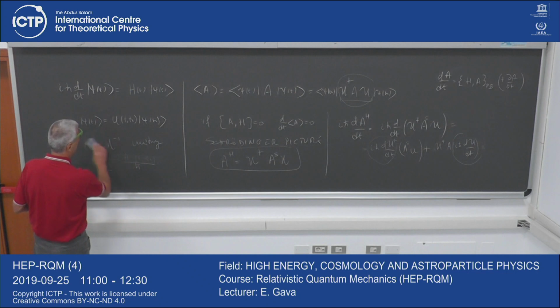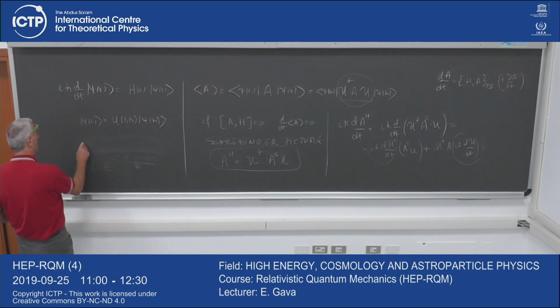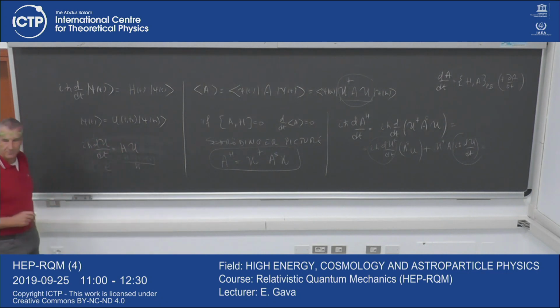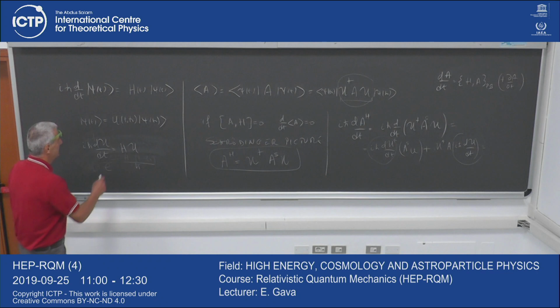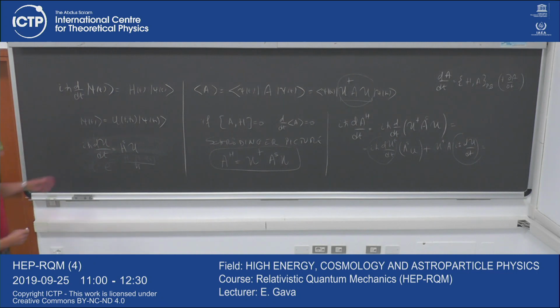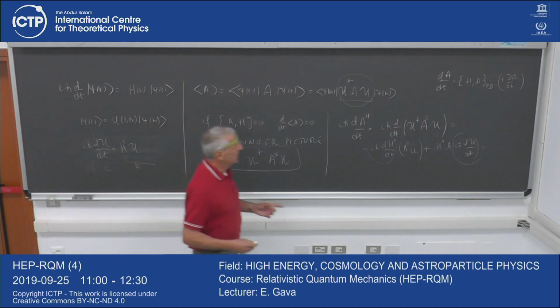When I write it here, iħ dU/dt = HU, right? This was the version of the Schrödinger equation. And this is the Schrödinger H, right? So this we can use here.